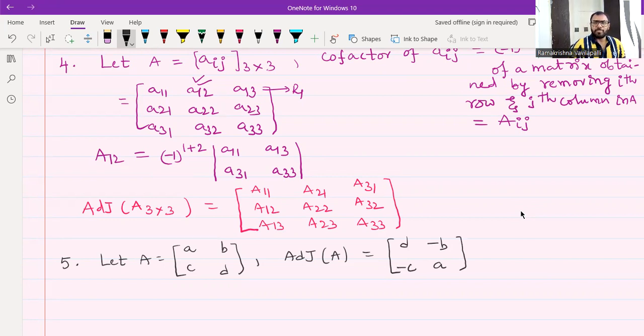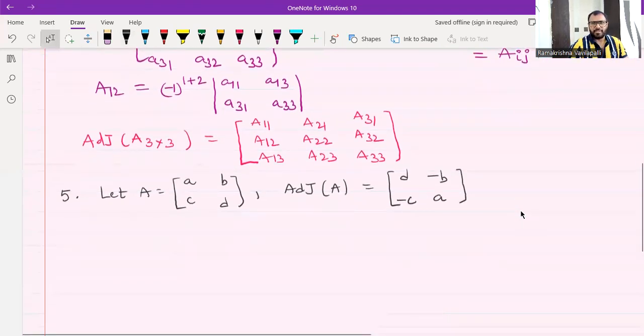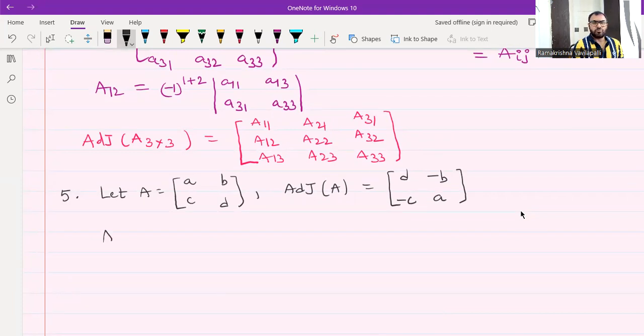Now we will multiply A and adjoint of A. What is A into adjoint of A? This is very, very important. If you understand this concept, you can solve the questions very easily.